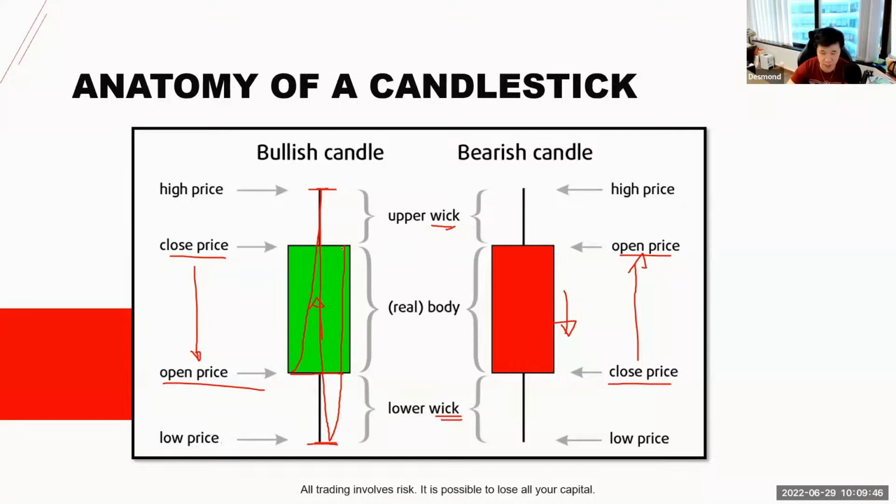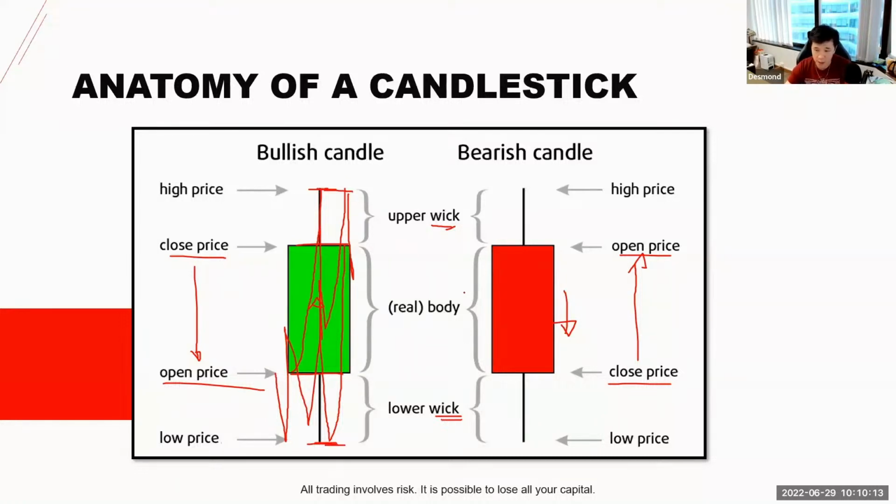This could be the journey of a candlestick. It could have been the other way too: opened here, dropped all the way down first, come up, drop down, come up. But as long as it reaches the high, reaches the low, and closes over here, that is what it means. So when you look at a candlestick, it's good to know what it means. This is the anatomy of a candlestick.